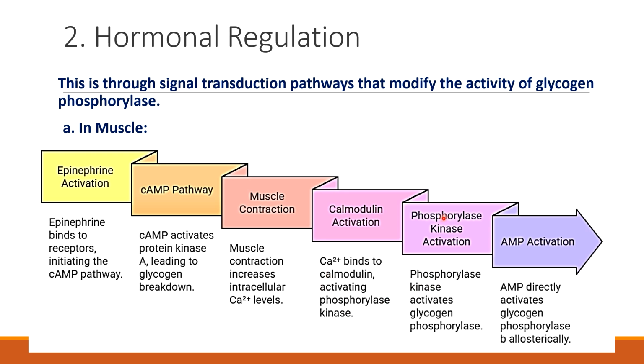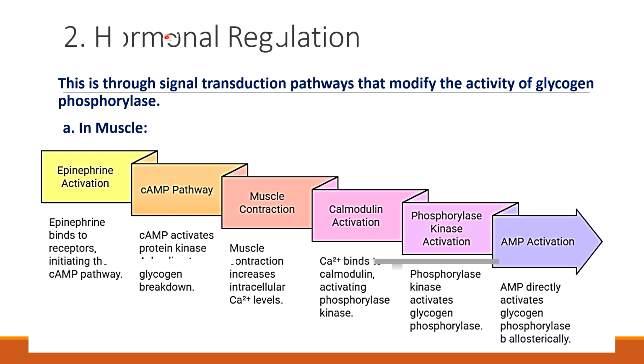Now the phosphorylase kinase in turn activates glycogen phosphorylase. When it is phosphorylated, glycogen phosphorylase B gets converted to glycogen phosphorylase A. So it is an allosteric regulation here again.